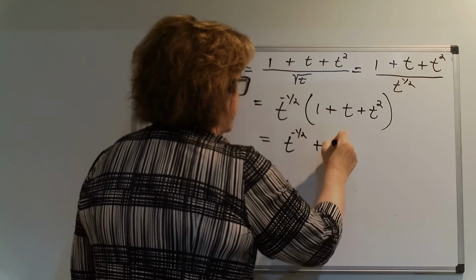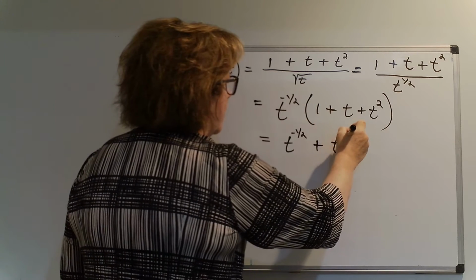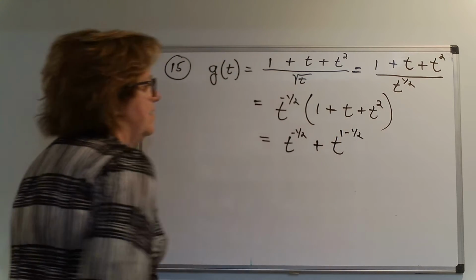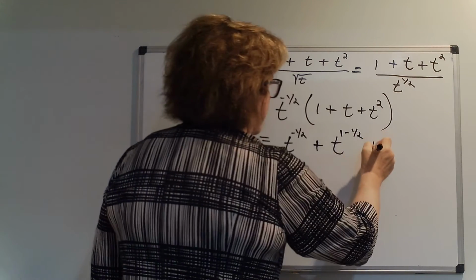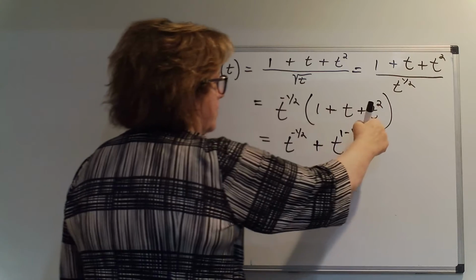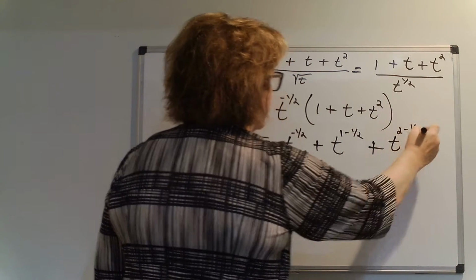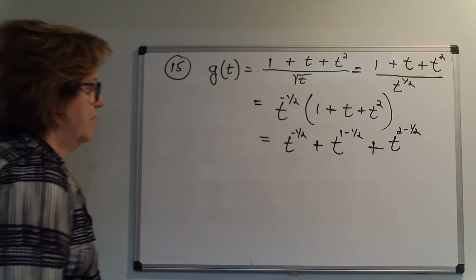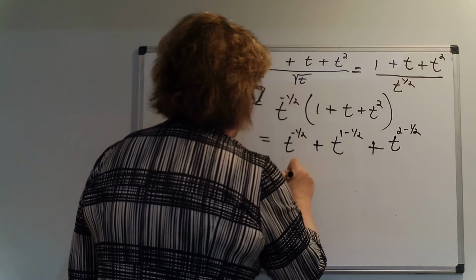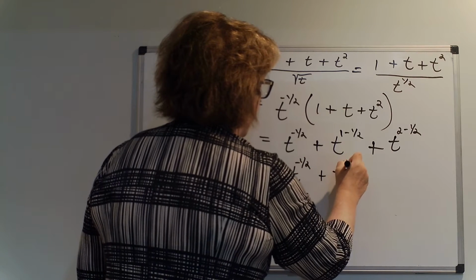Plus t to the 1 times t to the negative 1/2 would be t to the 1 plus negative 1/2. T to the negative 1/2 times t squared would be t to the 2 minus 1/2.